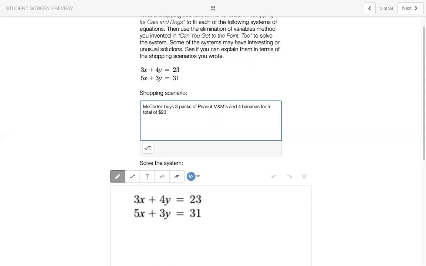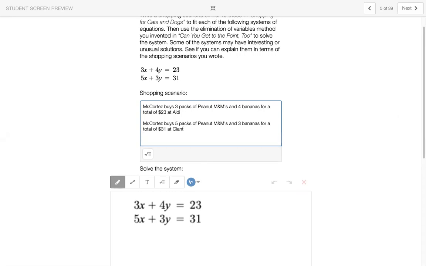Let's say that I buy this at Aldi. And then let's say that I do the same thing, but now I'm buying 5 packs of peanut M&Ms, 3 bananas, but now for a total of $31. And let's say that I get this deal at Giant.